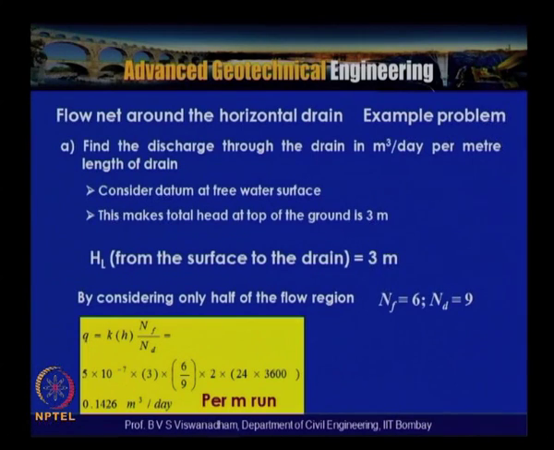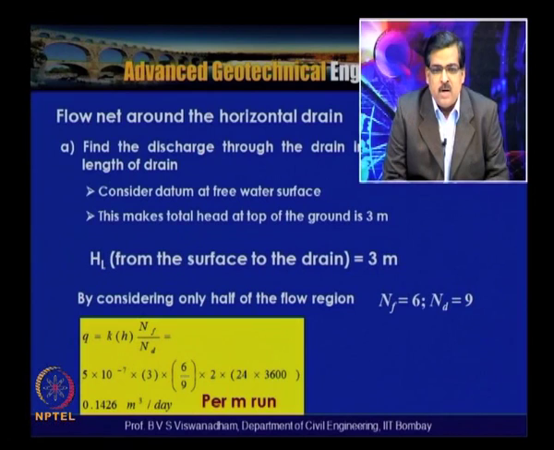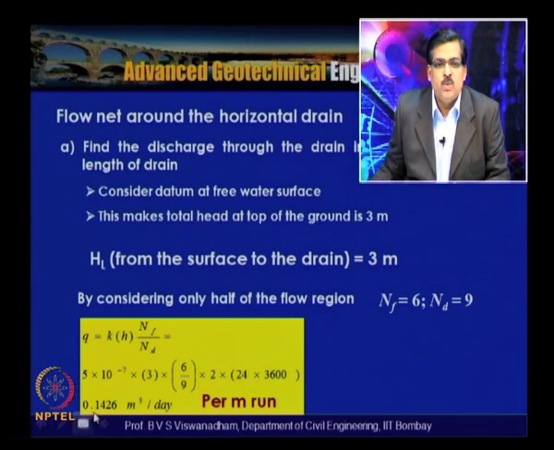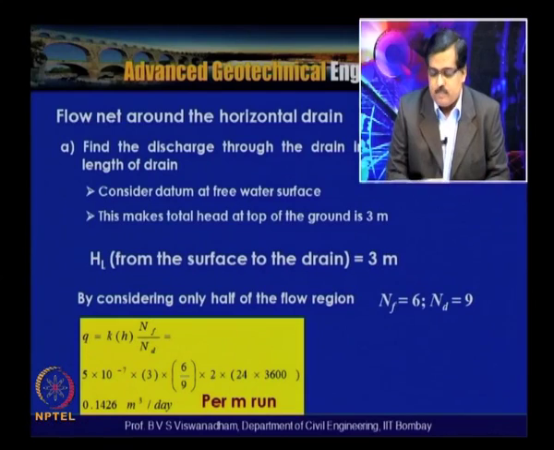By using Q equal to K H into N_F by N_D, and considering the symmetry, multiplying by 2 and converting into meter cube per day, we get the discharge as 0.1426 meter cube per day per meter run. So this is the discharge which the pipe is capable of draining from the surrounding soil.